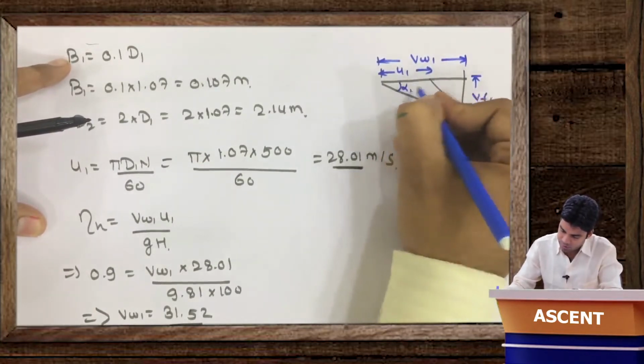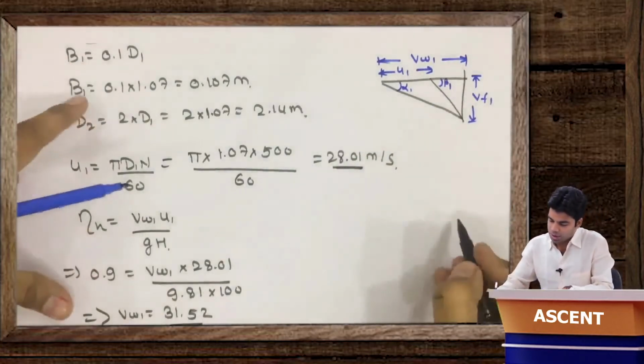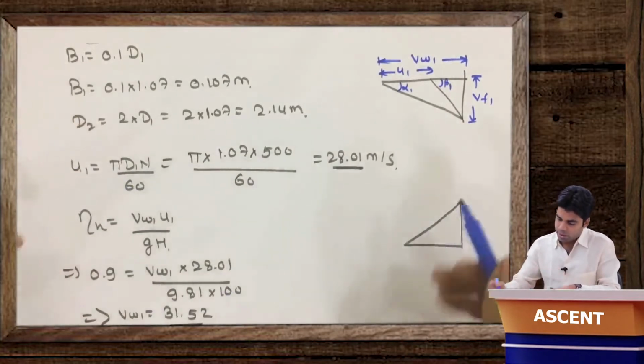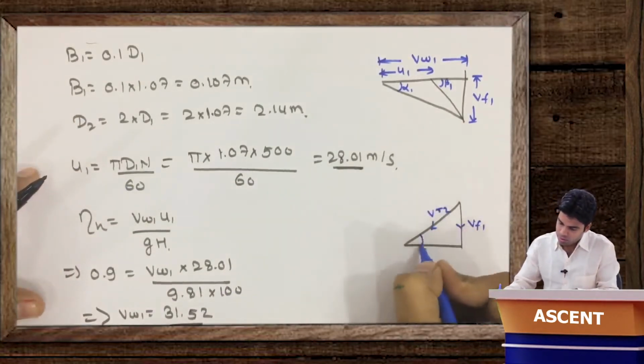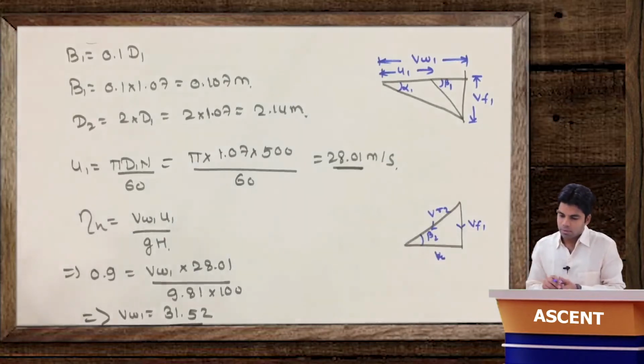This will be alpha 1, this will be beta 1. And the outlet velocity triangle obviously will be like this. This will be VF2, VR2, beta 2 and U2.